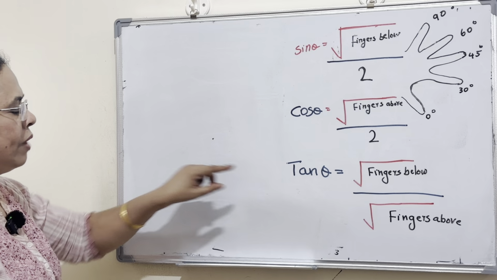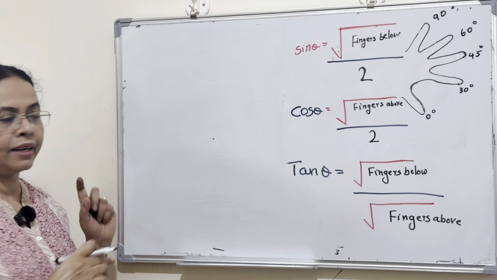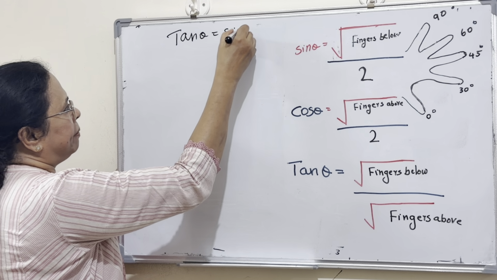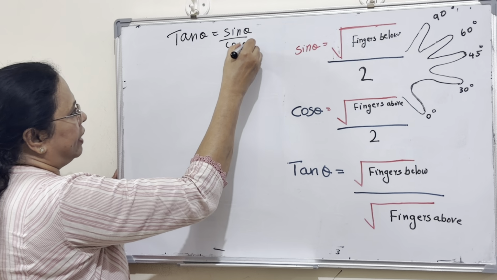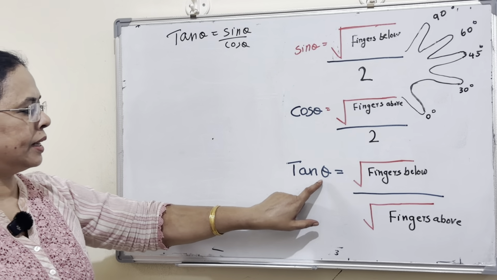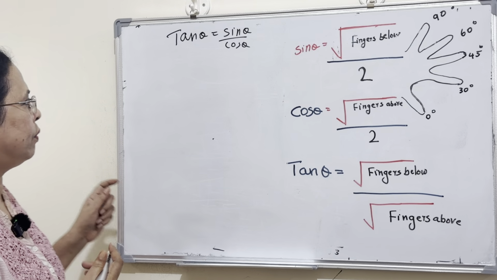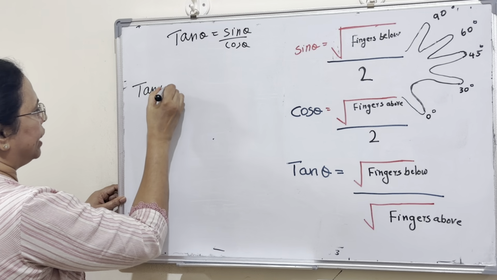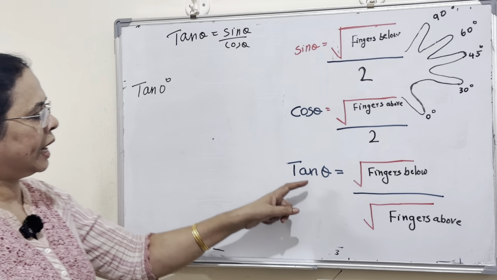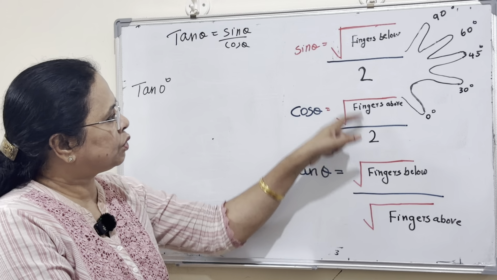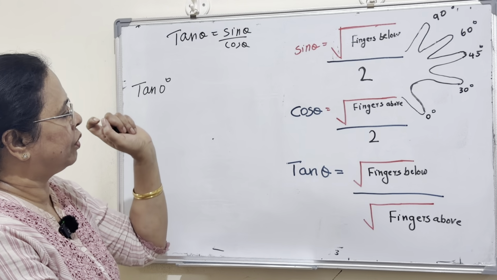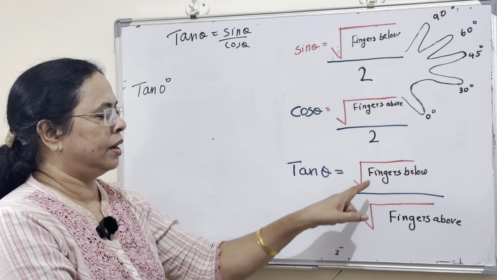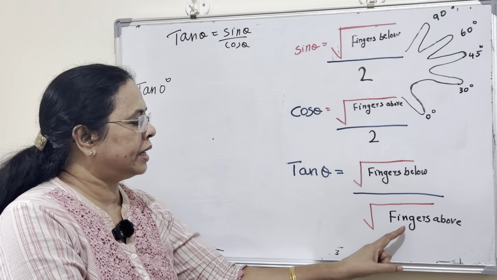Okay? When you go from 0 degree to 90 degree, this is the variation happening in sine and cosine. And we know what tan theta is. We already studied trigonometric ratios. We know that tangent of an angle is sin theta by cos theta. So I can use this formula for tan theta. For tan of 0 degree, under root fingers below divided by under root fingers above.